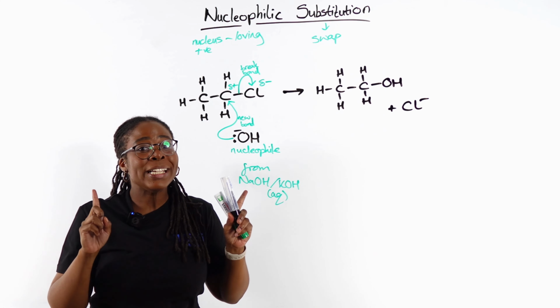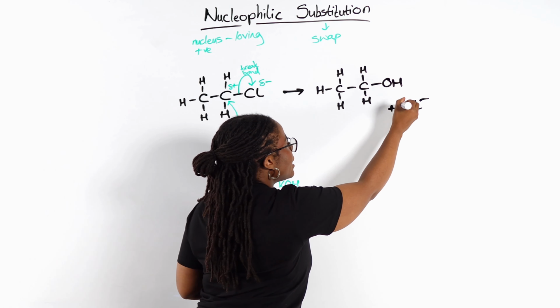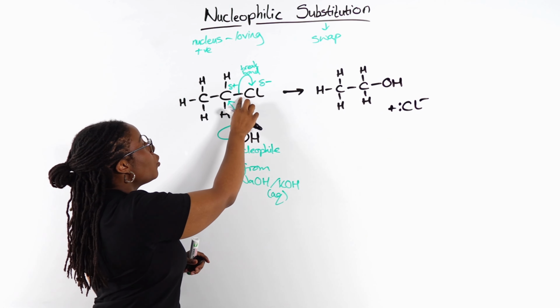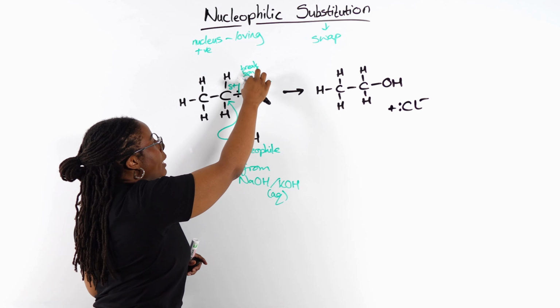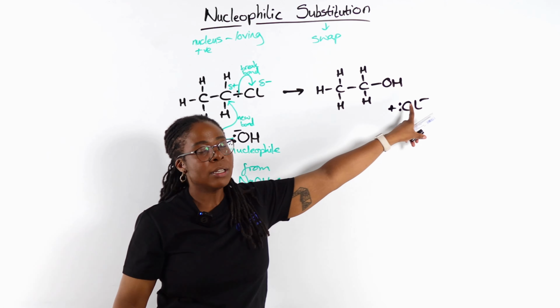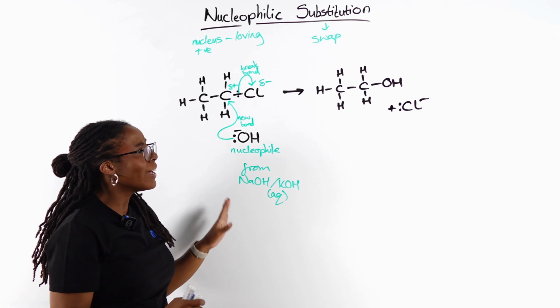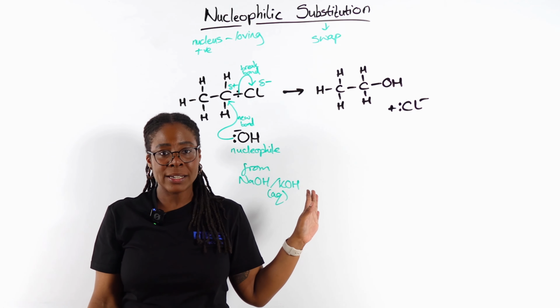Now, so that we can really clearly track the electrons, we can see that this chloride ion would have a lone pair, the lone pair that was once in this bond. Both of those electrons have gone onto the Cl, giving this that electron pair as well. Nice and straightforward. And for AQA, that is as far as the mechanism has to go.